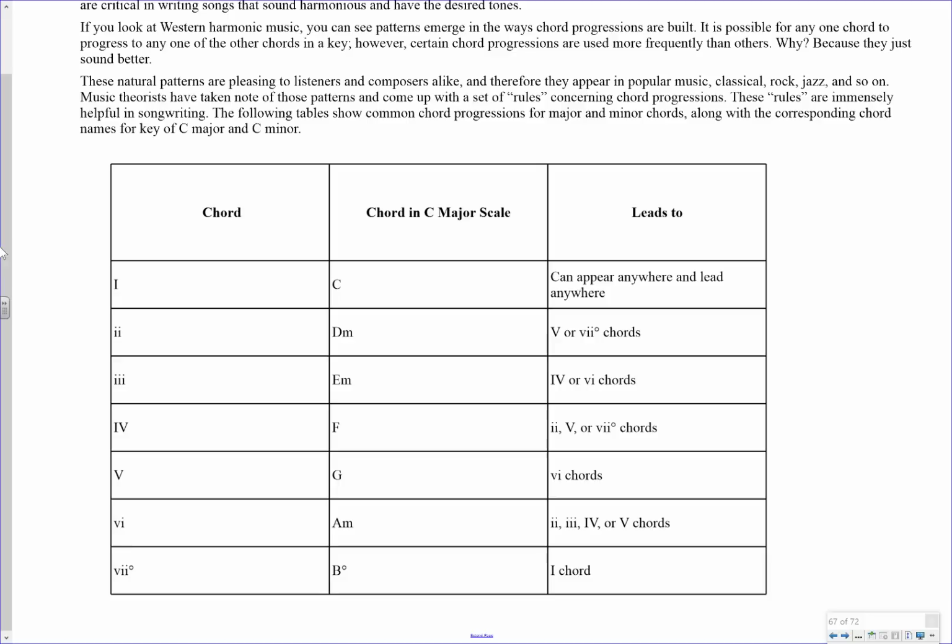The minor 3 chord can go to the 4 chord or the 6 chord. More commonly the 6 chord, but it can certainly go to the 4 chord. The major 4 chord can go to the 7 diminished chord, the 5 chord, or the 2 chord. The 5 chord can lead to the minor 6 chord and also the tonic chord.